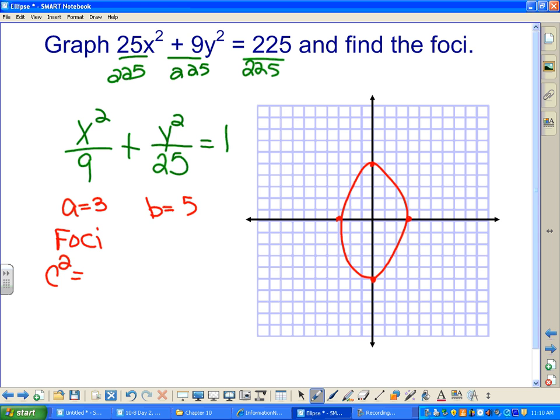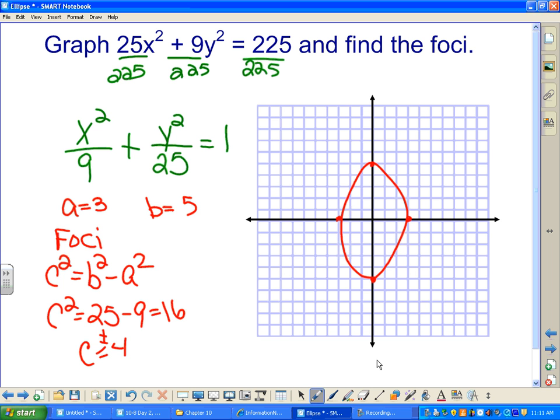Yeah, I want to do b squared minus a squared. So c squared is equal to 25 minus 9, which is 16. Therefore, c is 4. Yeah, and if you want, you can put plus or minus 4. That will help remind you to go both in the positive and the negative direction.